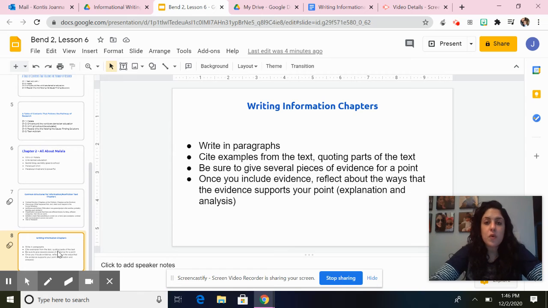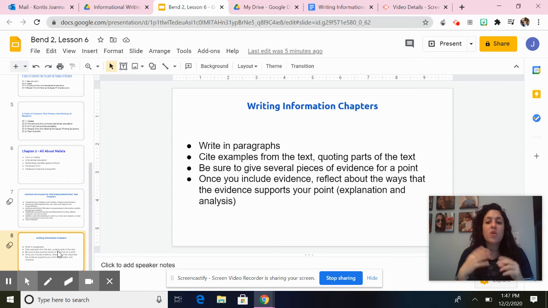When you are creating your chapters, I really want you to think that you have to write things in paragraphs and make sure to cite evidence. If you come across a quote or a piece of evidence that you really like, I would make sure to write that part in completion. That's why we're putting down the titles and the authors, because when you're citing evidence, you need to be able to cite where you got that piece of evidence from.